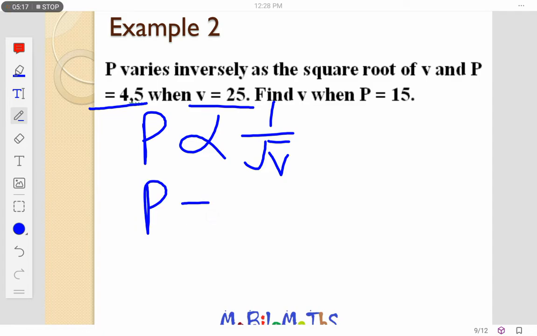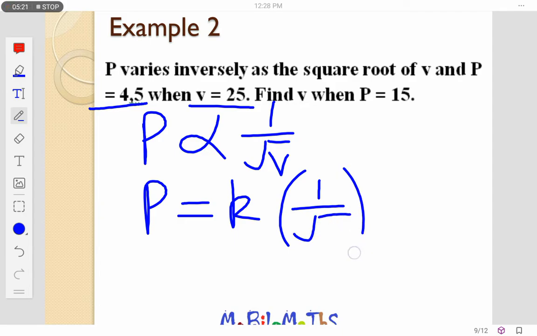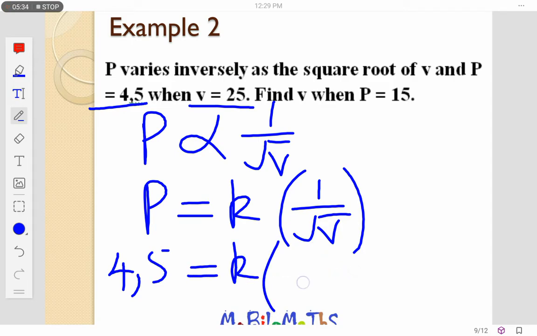P is equal to k times 1 over square root of v. You can write it anyhow, it's still one and the same thing. Substituting the values that we are given, I've got 4,5 is equal to k times 1 over square root of 25.